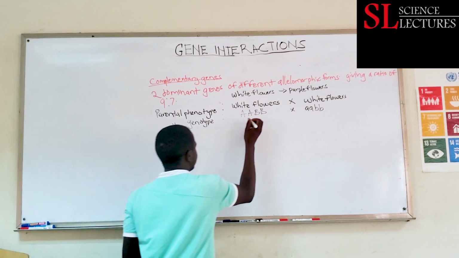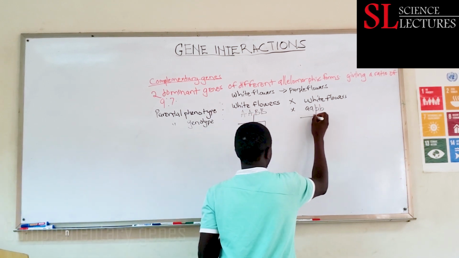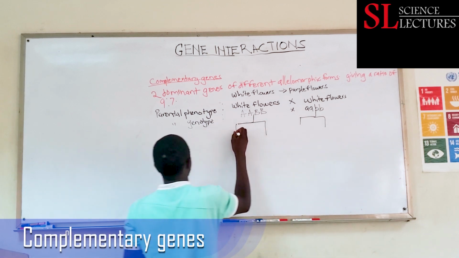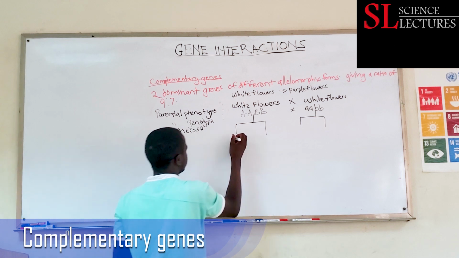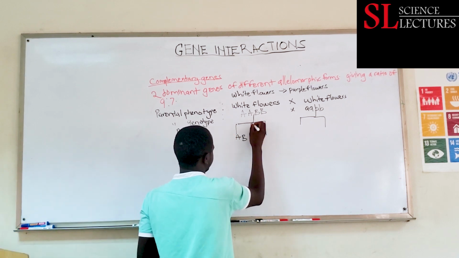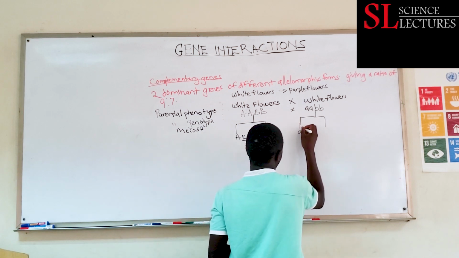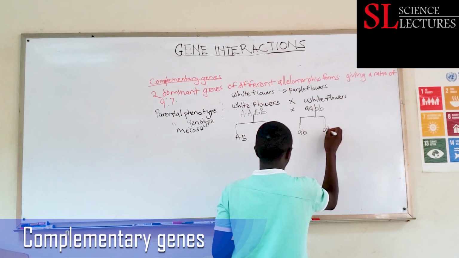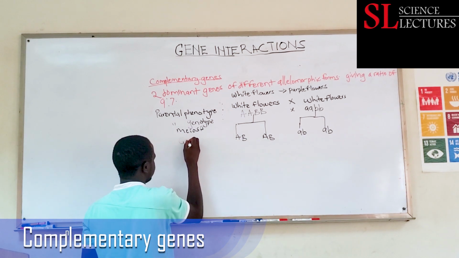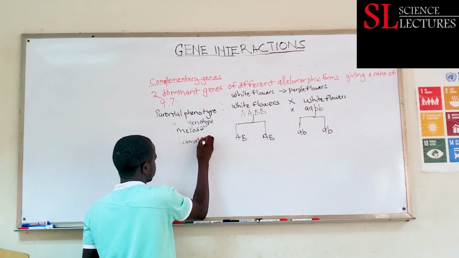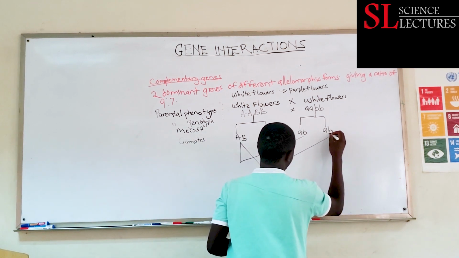Then we say that these usually undergo meiosis. And you get AB. I'm supposed to get 4, but I will use 2 because they are all the same. AB, then AB. These are our gametes. Then this will undergo random fertilization.